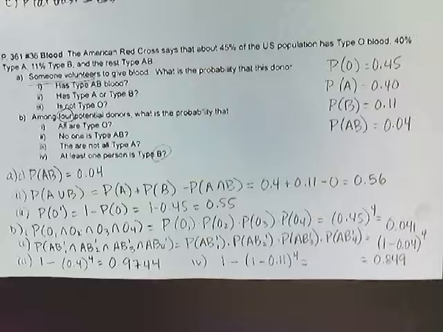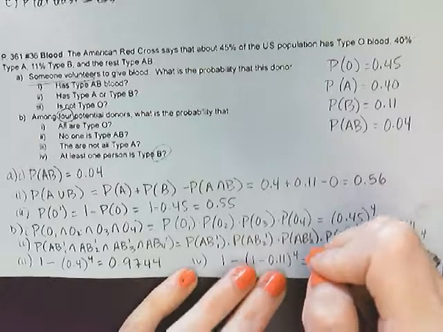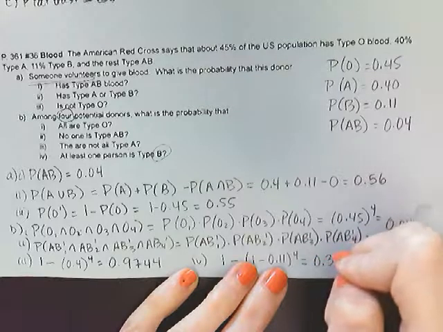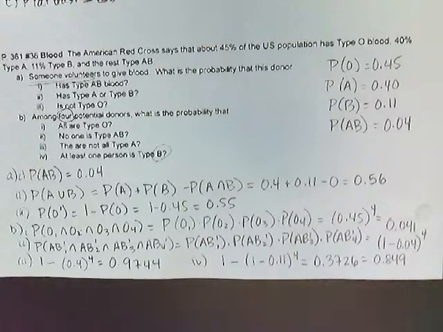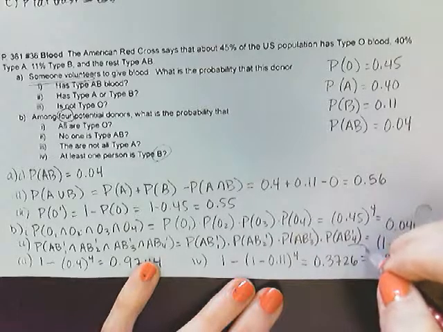All right, what do we got? 1 minus the complement, 1 minus 0.11 raised to the fourth. So what's that value? 0.9998? Okay, looks good.